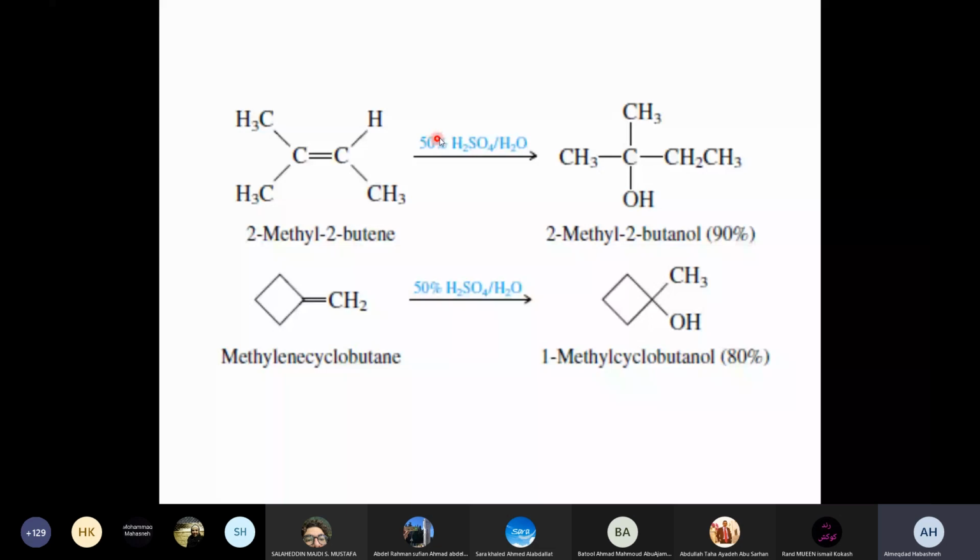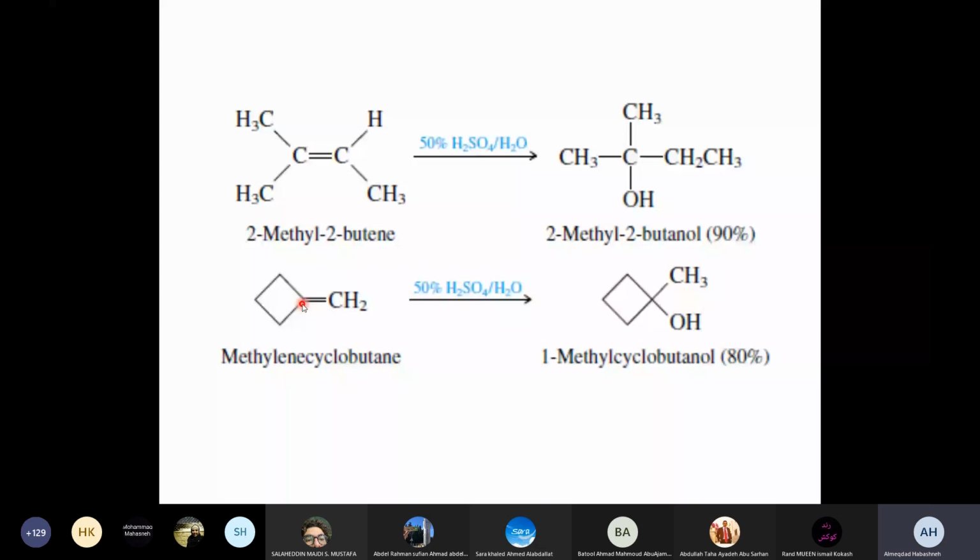The H2SO4 here is the catalyst, and the water will be added as H and OH. This carbon at the double bond is connected to H, and this carbon is connected to no H. So this carbon gets the H and it became CH2, while this other carbon became COH. Same here: this carbon has 2 hydrogens, while this carbon at the double bond has no hydrogens.